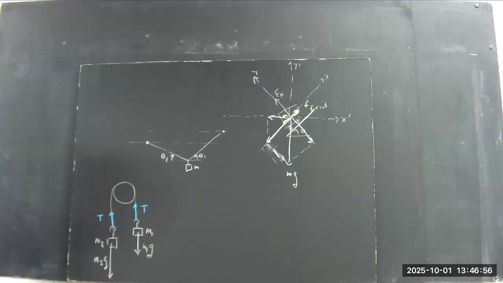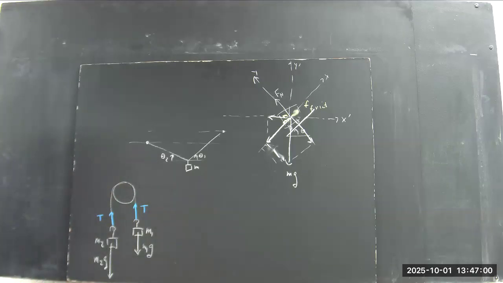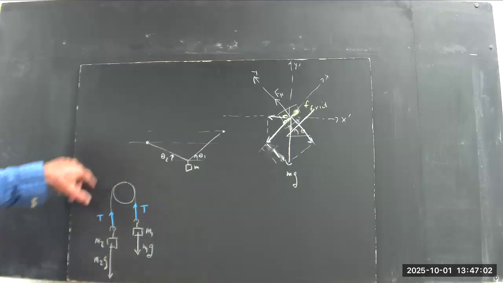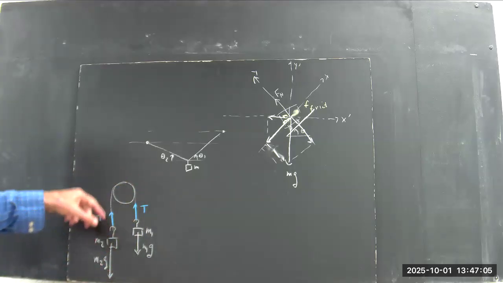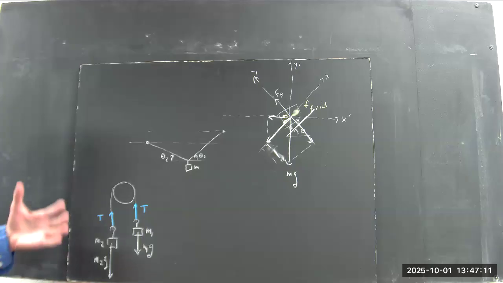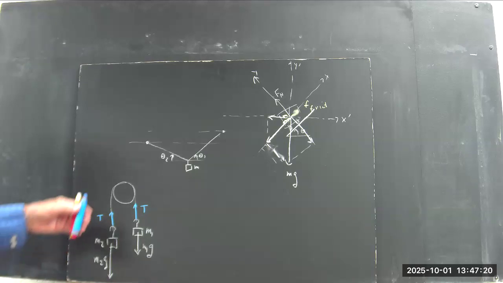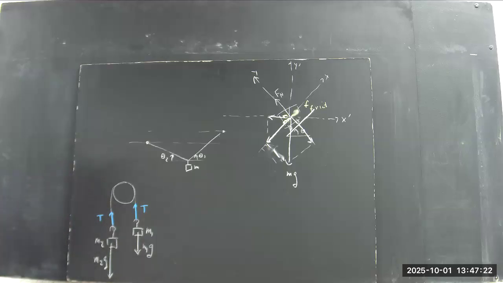Now equal, give or take a little bit of friction in this pulley. Because things going this way, friction in the pulley is trying to pull you this way. So the tensions aren't necessarily going to be equal. And you can draw a diagram to figure out how that goes.